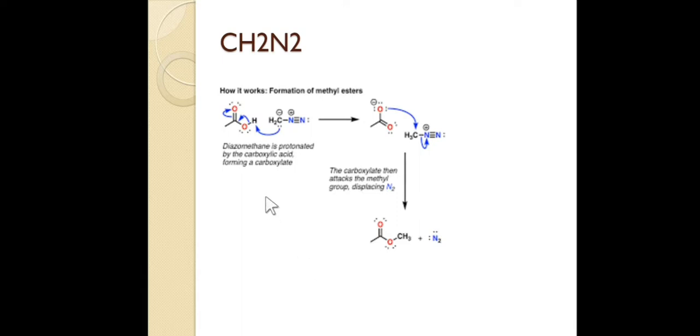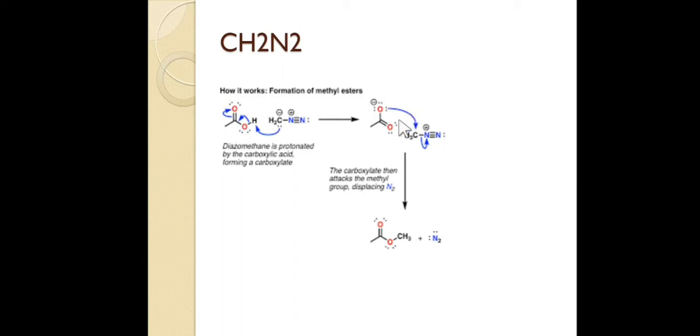Let's see the mechanism first, and then I will tell you what alternatives are used for diazomethane. The mechanism is very simple. CH2 minus is a nucleophile. It abstracts the proton from OH and creates the O minus.